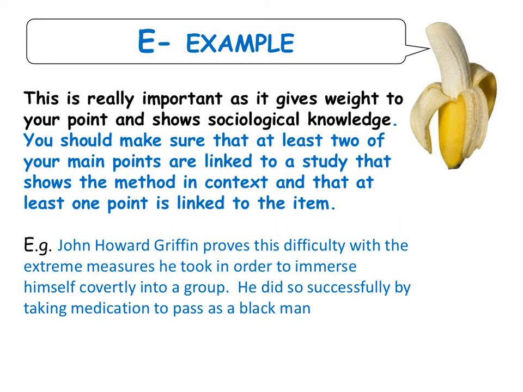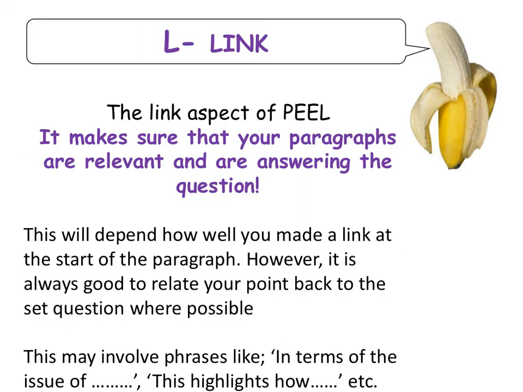Then you need to try to link that point to a relevant example, and in this paragraph we've got the use of John Howard Griffin's study as an example of the practical difficulties of immersing yourself in a group. And then it can be useful to end your paragraph with a sentence that links your example back to the point of the paragraph and the essay title.